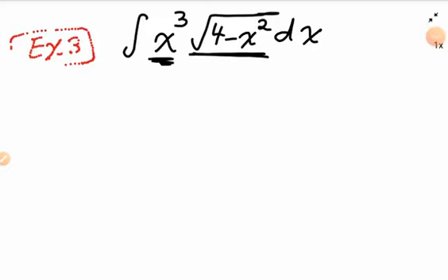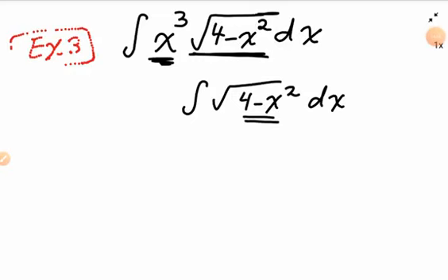But if you think for a while, you will find that to find the integral of only radical 4 minus x squared dx, you should use the substitution way. We let the inner function, z, any variable, equal 4 minus x squared.